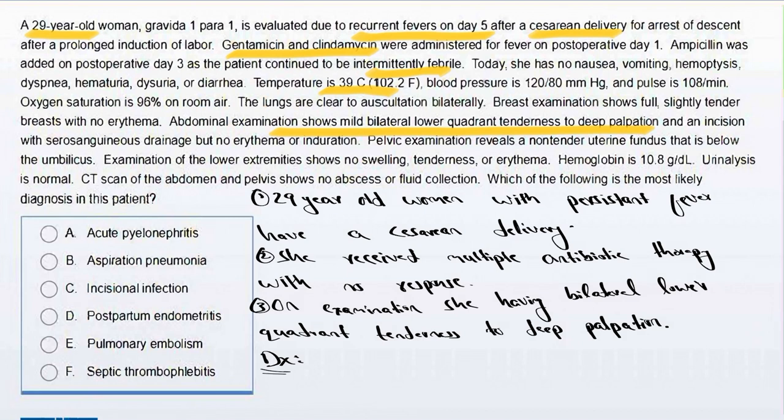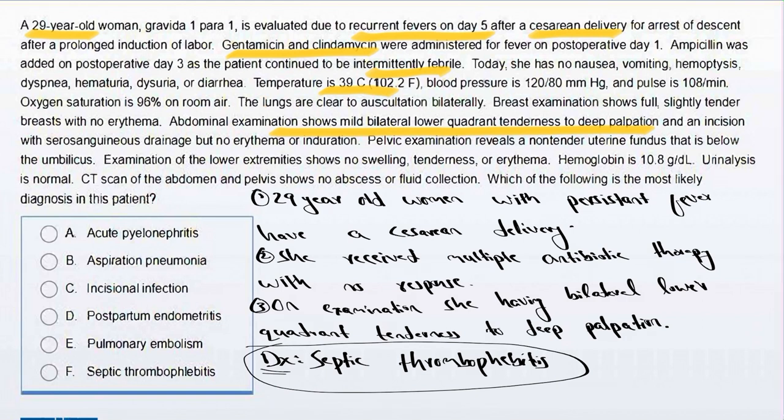So here the diagnosis of this question is septic thrombophlebitis, and the correct option is choice F, septic thrombophlebitis.